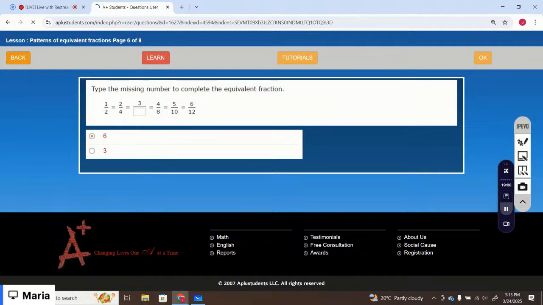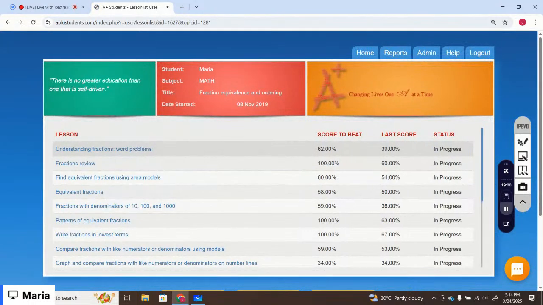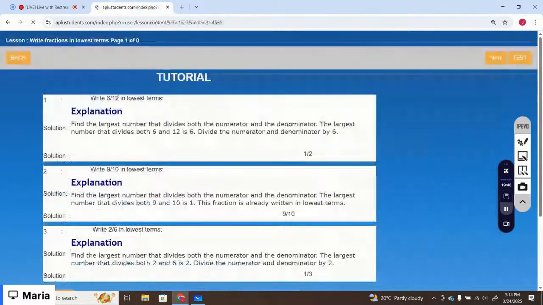Let's just move on to the next lesson. The next lesson is write fractions in lowest terms.